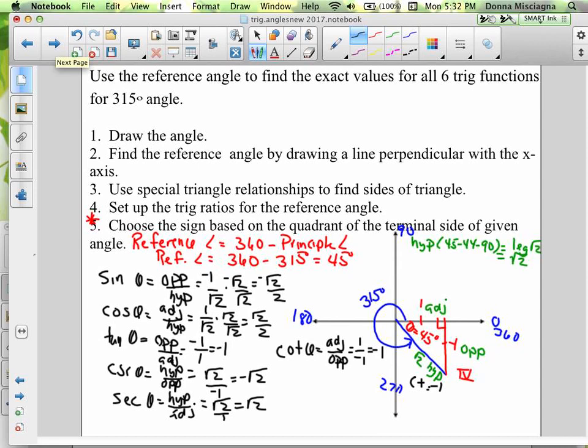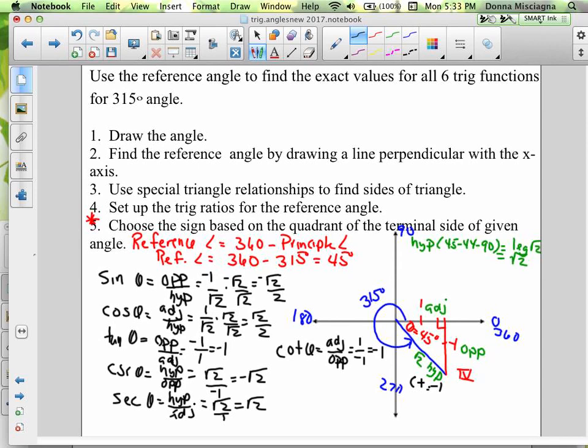All right, so now this is just like when we were finding the trig ratios at the very beginning, and we had a triangle, right? And we just identified opposite, adjacent, hypotenuse. The difference is that you're not given the triangle, you're given an angle. You're going to draw that angle. So that's step one. You're going to use that angle to find the reference angle.